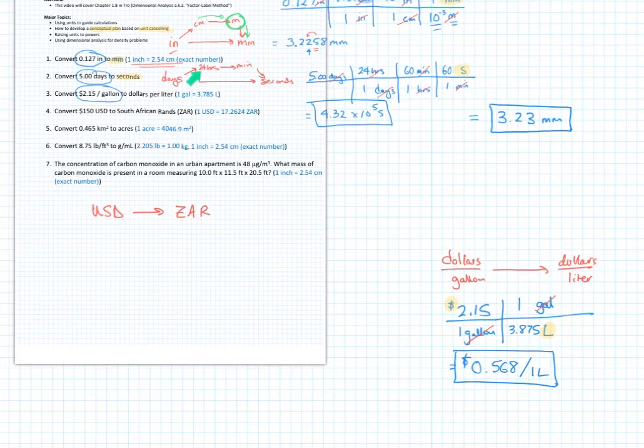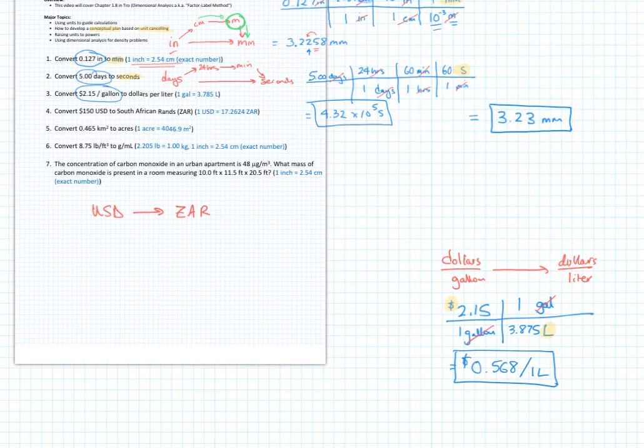Well, it's going to take me 4 steps to get there. I end up with 4 steps on the railroad track. This one took me 4 steps. It also took me 4 steps. This guy here only took me 1 step, and I was able to do that conversion in 1 step. All right, so this one, US dollar into ZAR directly, that should be pretty easy because I've got that conversion factor.